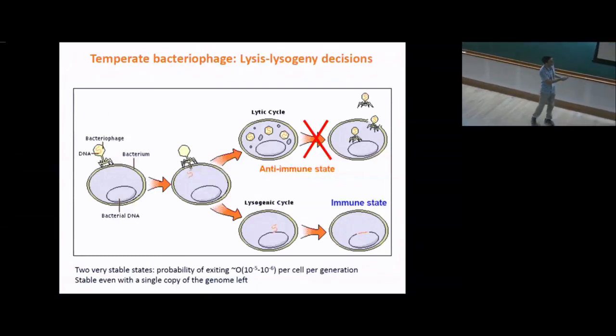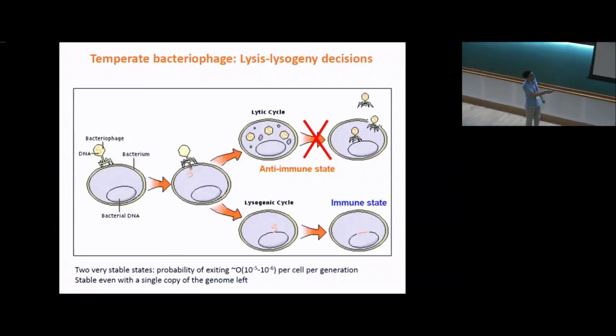I should also mention that, maybe I didn't say this very clearly in the beginning. The replication of the genome happens to some extent in whichever pathway you go. So if you go in this pathway, obviously you replicate and you produce many copies, and eventually you produce, say, 100 copies. But there's also replication in the beginning when going into this pathway.